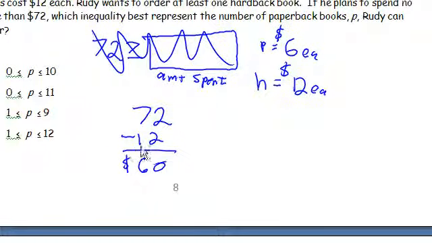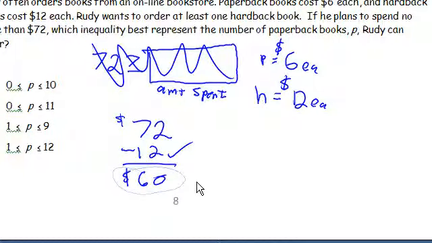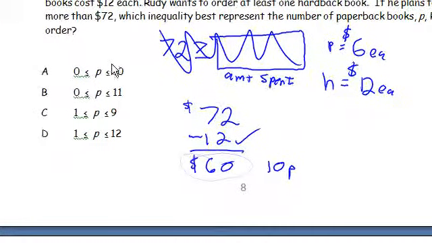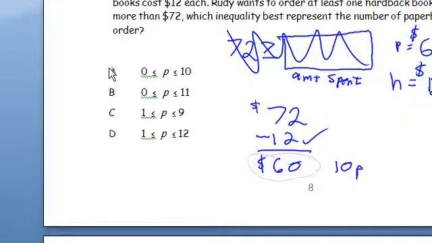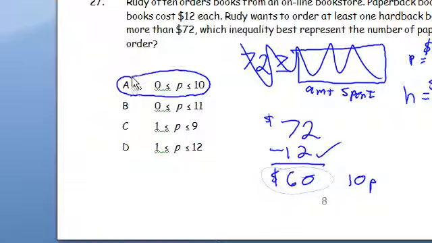So after buying his one hardback book from his initial amount of $72, he'll have $60 left. And each paperback is $6 each, so he can buy a total of 10 paperback books. So he could buy 0 paperback books, or he could buy all the way up to 10 paperback books. Yep, A is the best answer.